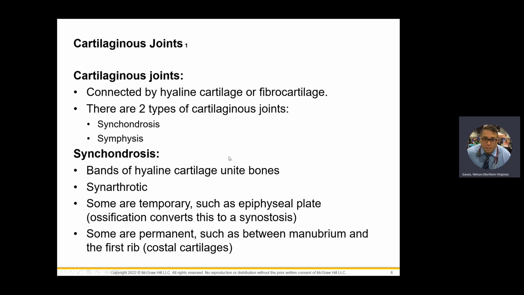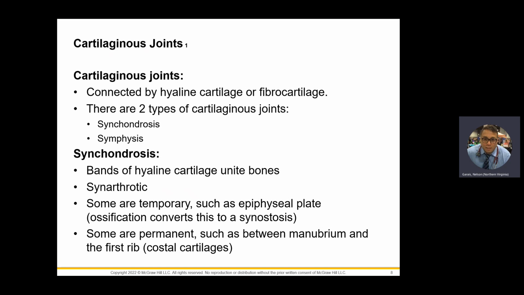Now, cartilaginous joints. Hyaline cartilage or fibrocartilage. What's so special about cartilaginous joints? We already talked about three classic examples of cartilaginous joints. And one of them was your costal cartilage. Costal, pertaining to your ribs.